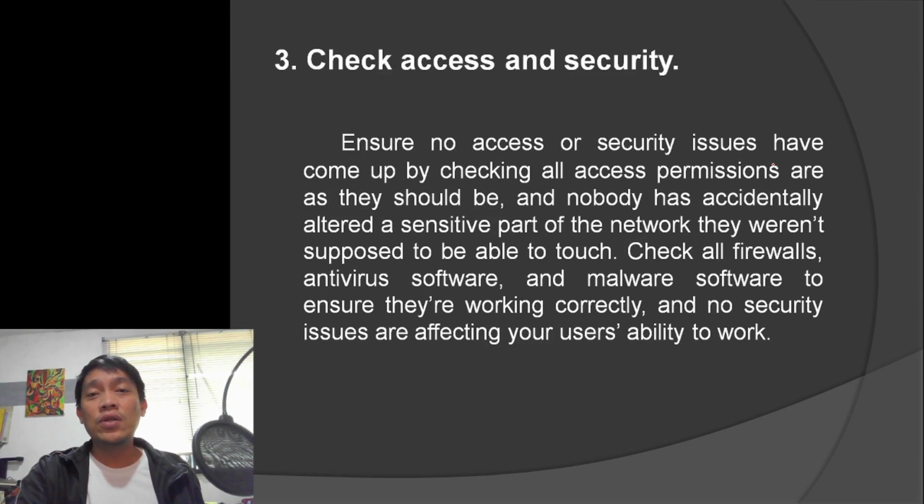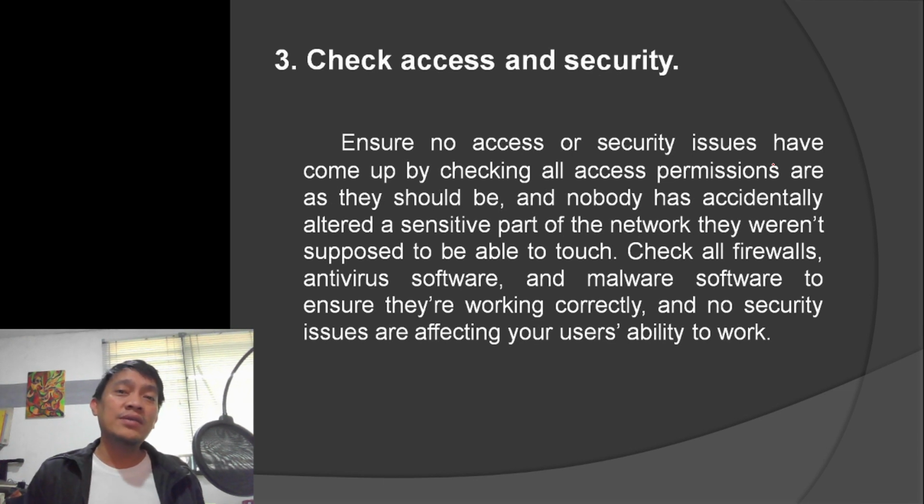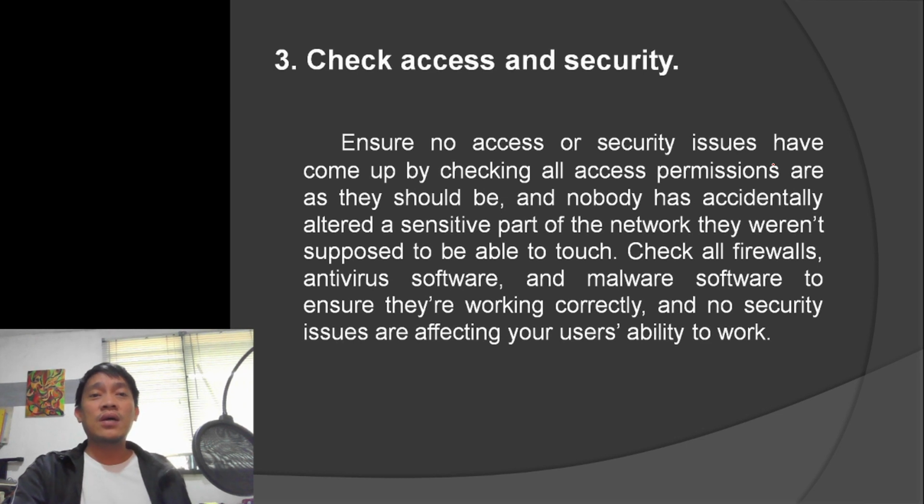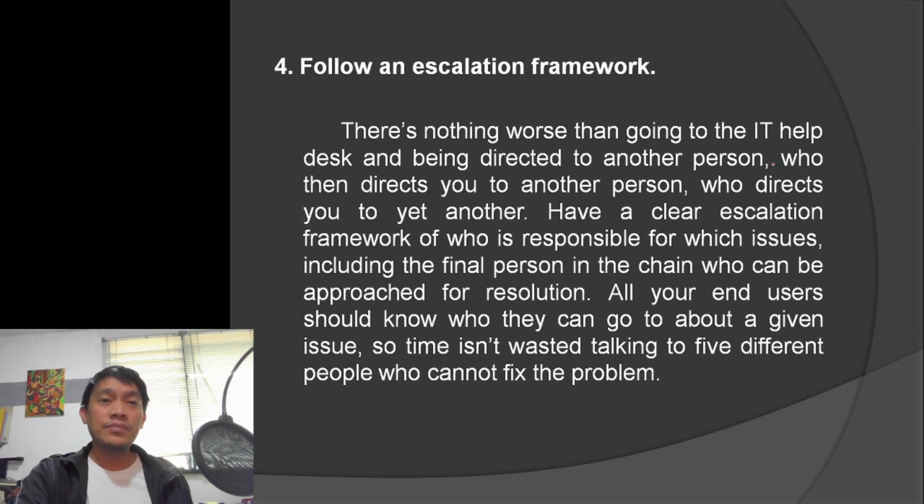So the bigger the network is, the bigger the security issues it may have. You have to consider different software and appliances or hardware that you need to put over the network to protect it from security issues. Okay, so that's number 3, check access and security.